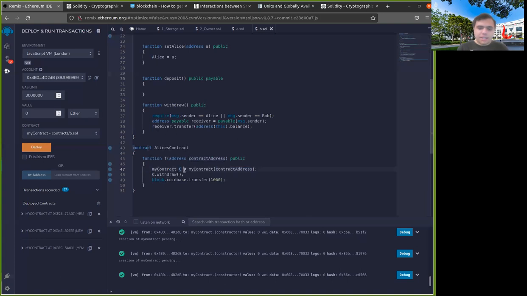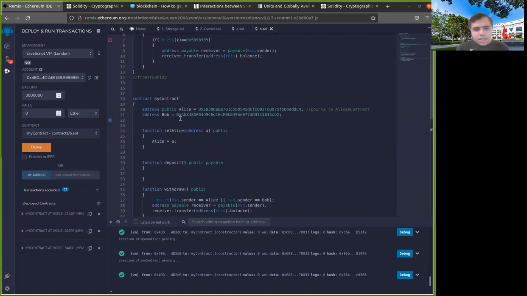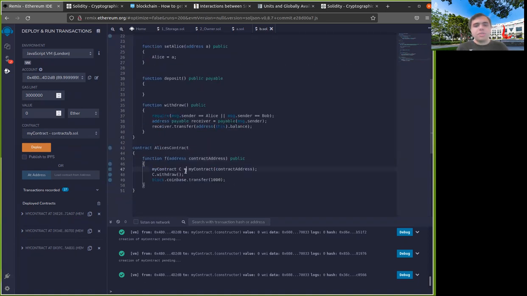And what I'm just saying is that let C be a variable that basically points to the my contract instance at this address. So when I'm calling F, I don't want to create a new instance of my contract. I just want to access an instance of my contract that is already on the blockchain. And again, I have some errors here, so I'm not sure exactly what's wrong, but I will fix this after the session and put the fixed version on Canvas.